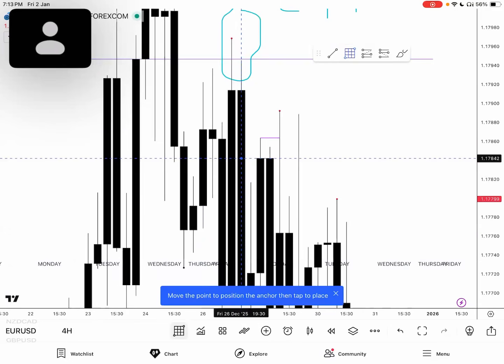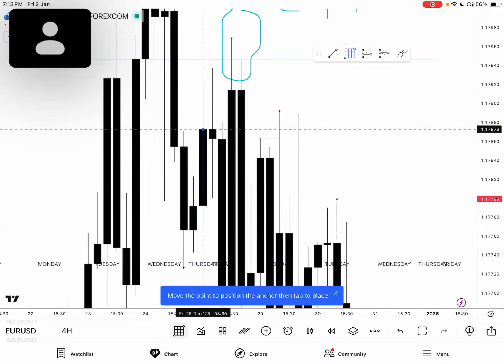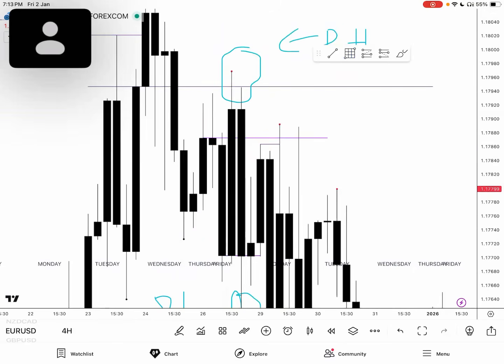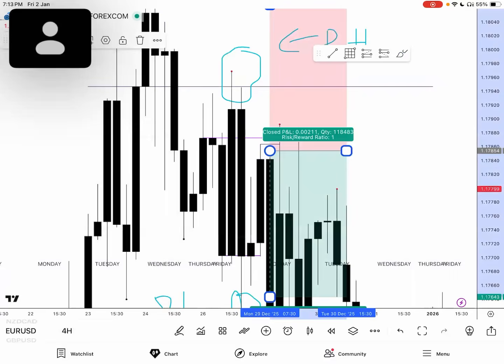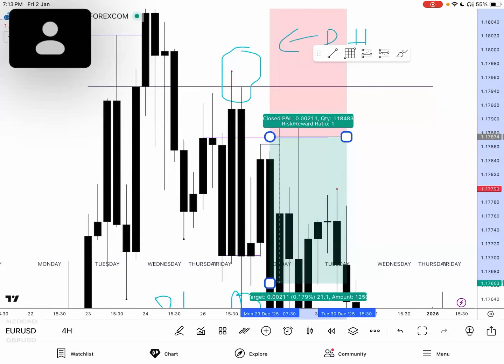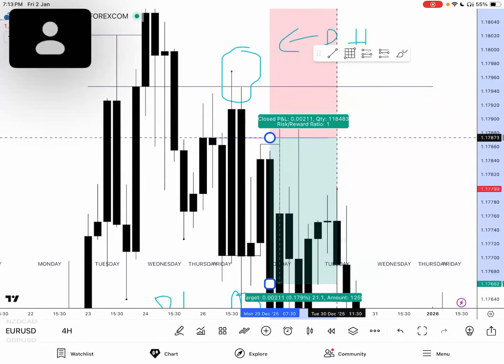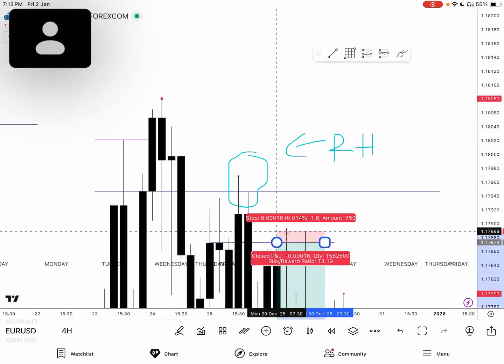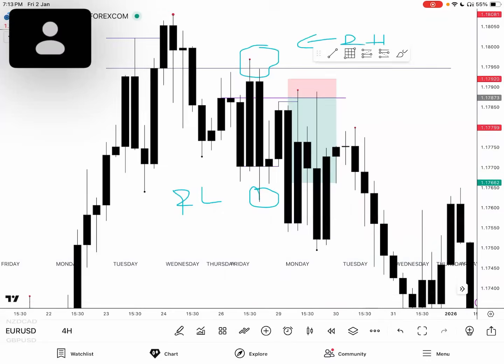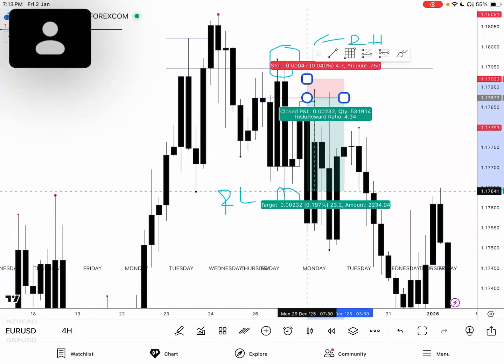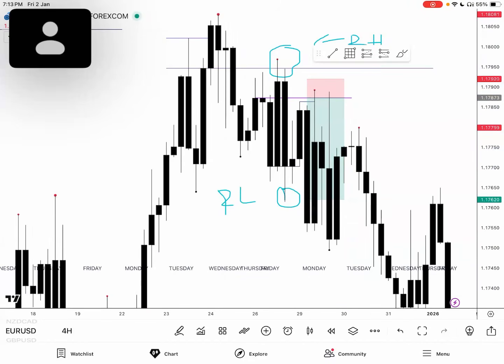So I am taking the entry on the QM level. Understand? So my first entry will be this level, which is the QM level after the liquidity, and my stop loss was above that level, maybe here, and my first target was that low, the range low.